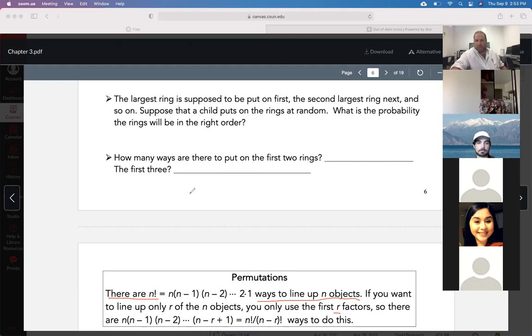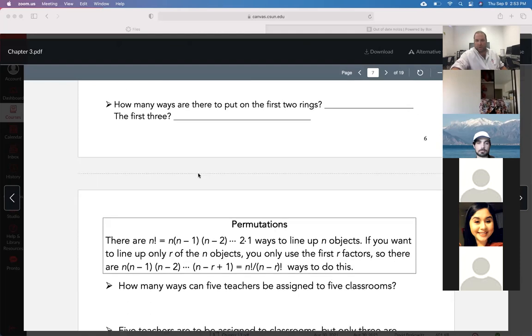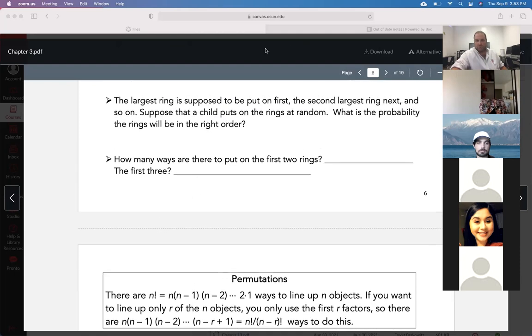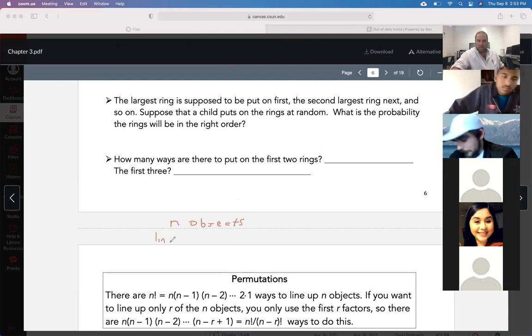So how many ways are there for the first one? If you're going to line up r objects, how many ways can you line up the first one of those n objects? There's n objects in front of you, and you are going to pick r of them.